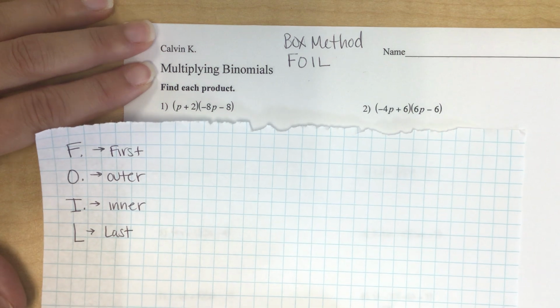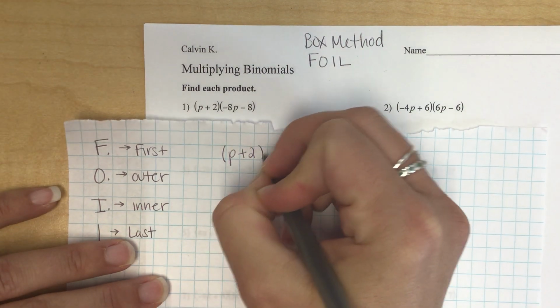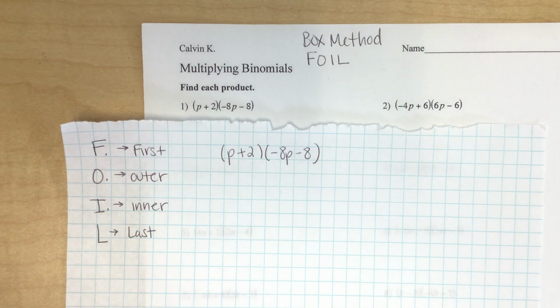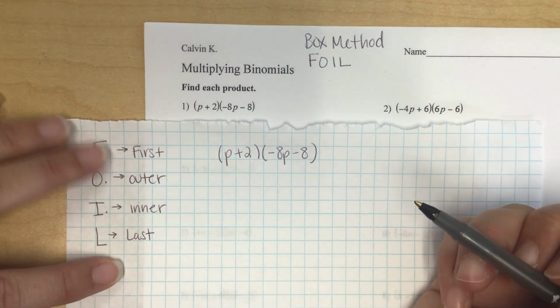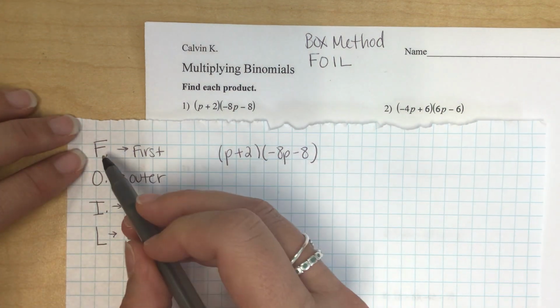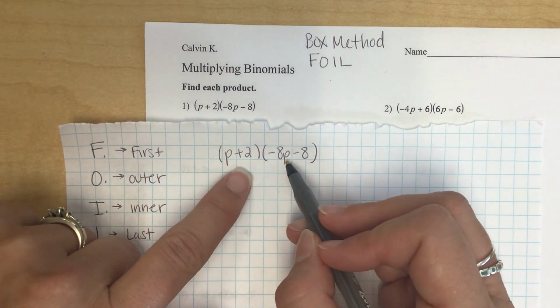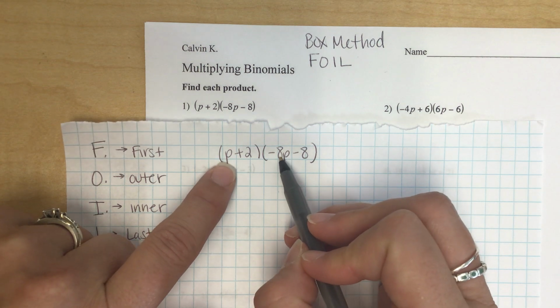So if we're doing number 1 and we're going to use FOIL, so P plus 2 and negative 8P minus 8. You may want to write these down as I'm doing them as well, so that might help you learn it as well. Okay, so we're going to start with F, which is first. So you see we have two sets of parentheses. I'm going to multiply the first term in each set of parentheses.